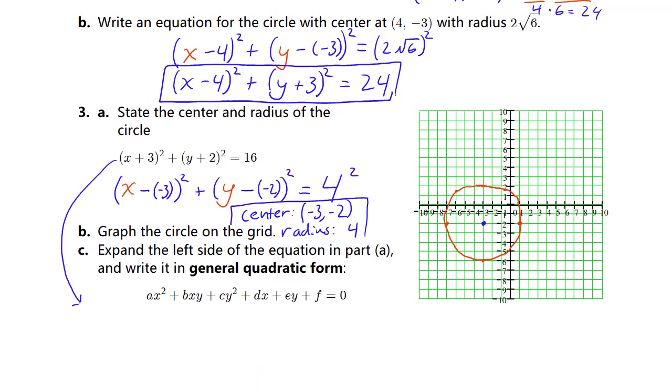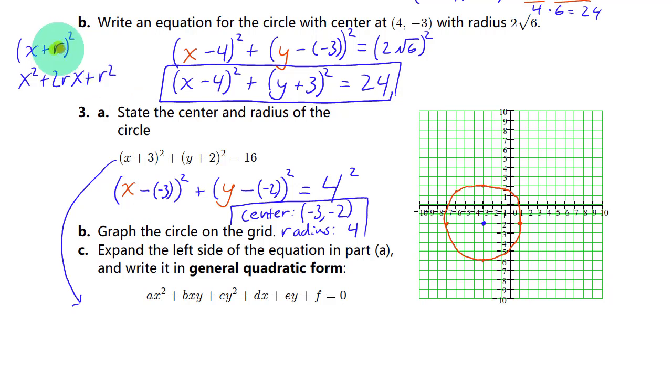So remember the formula from chapter 3 and also Appendix D. This is an important one. That if you have x plus r and you square it, you could FOIL it out. If you're not sure what this turns into, pause it right now and FOIL it out. Do x plus r times the quantity x plus r. You'll get x squared plus 2rx plus r squared.